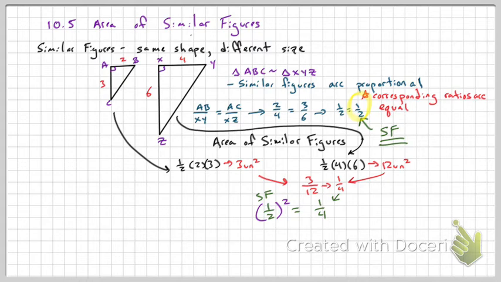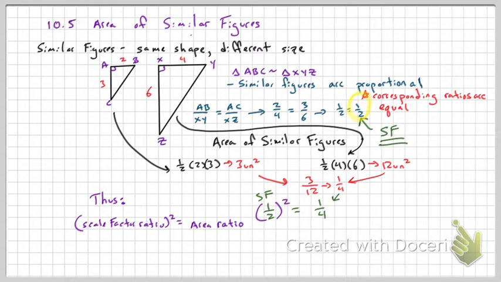That is the new information today. How do we make a scale factor ratio equal to the area ratio of the same figures? We need to square our scale factor ratio. So the scale factor ratio squared equals the area ratio. And that is the only new topic for today.